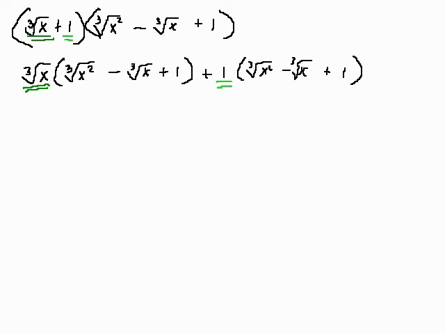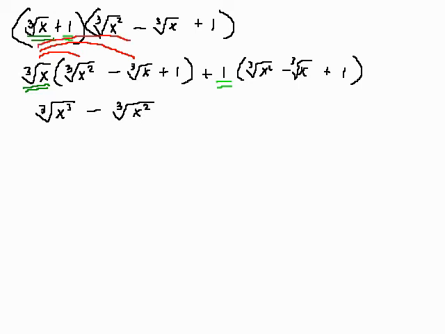So let's see what we have when we do this. If we take the cube root of x times the cube root of x squared, using the product rule, we're going to put those together into the cube root of x to the third. The cube root of x times the cube root of x times x would be minus the cube root of x squared.